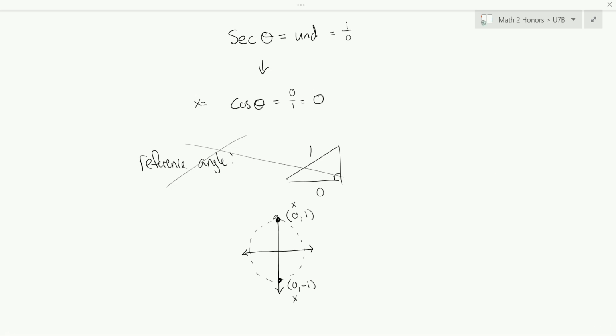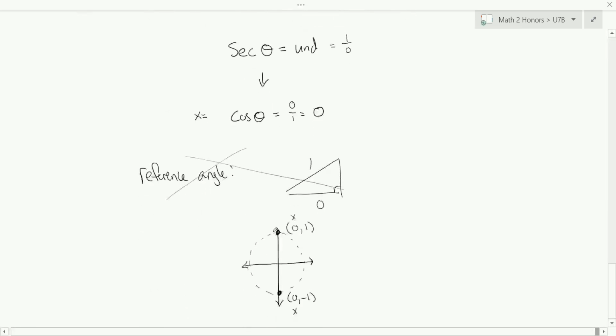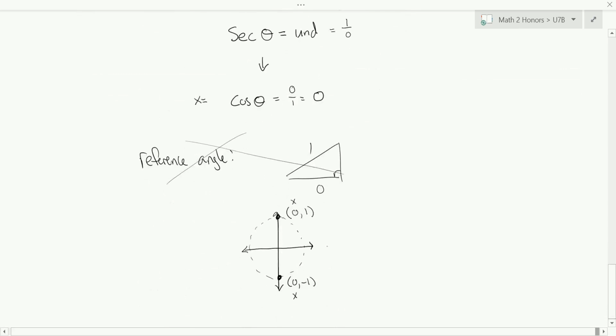I need to give my answer in radians. So how do I do that? This is 0. Half a circle is pi. What's going to be right in between 0 and pi? Half a pi. Pi over 2. What's going to be between pi and 2 pi?